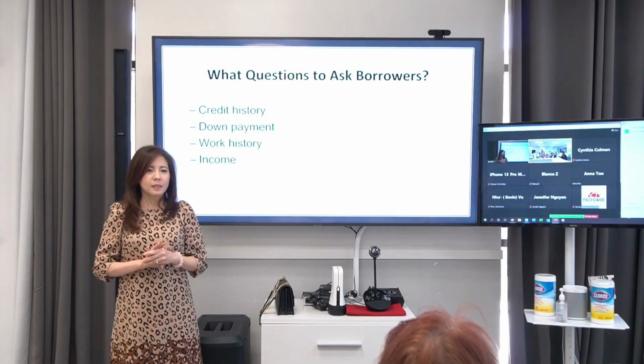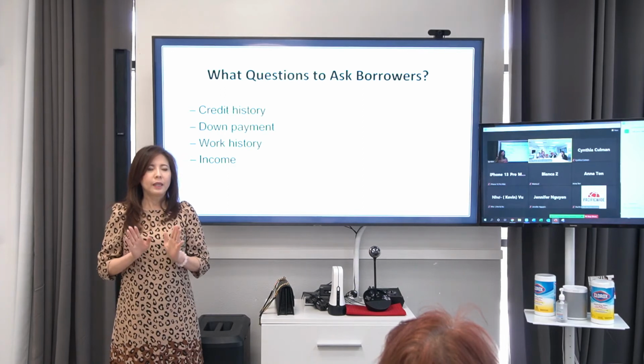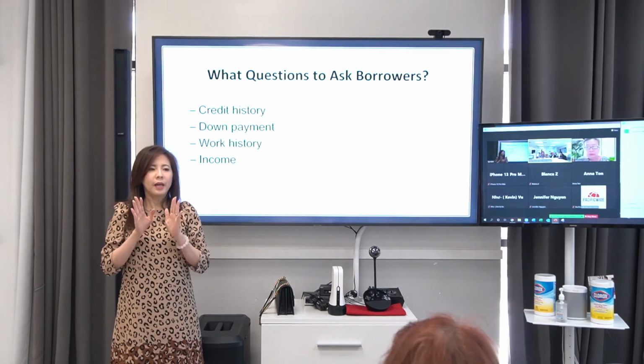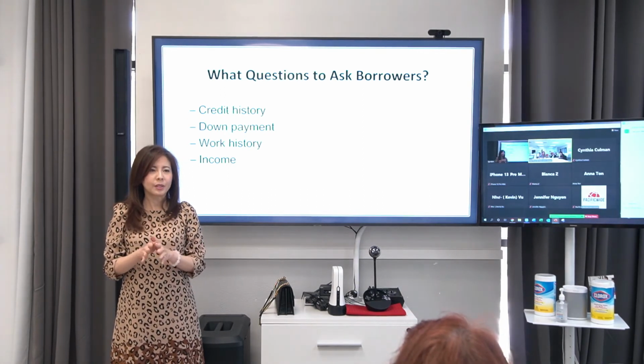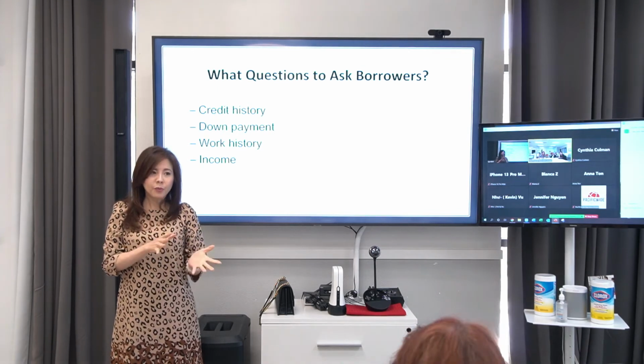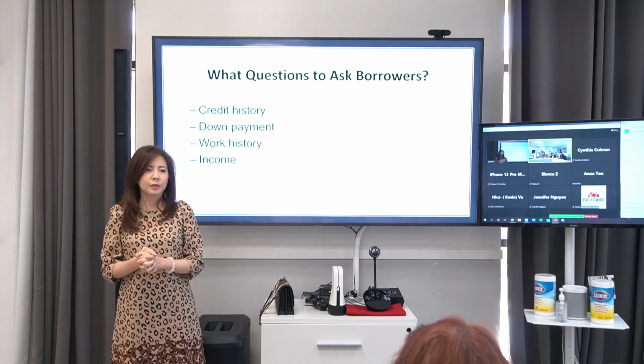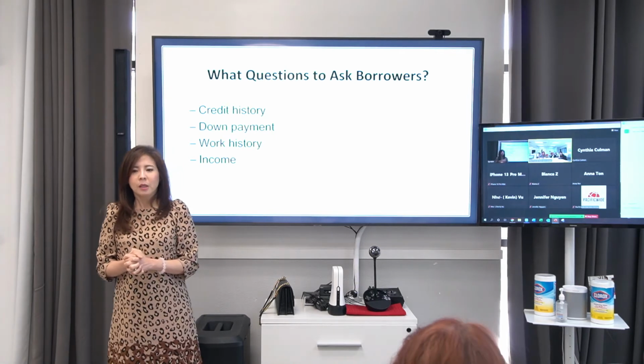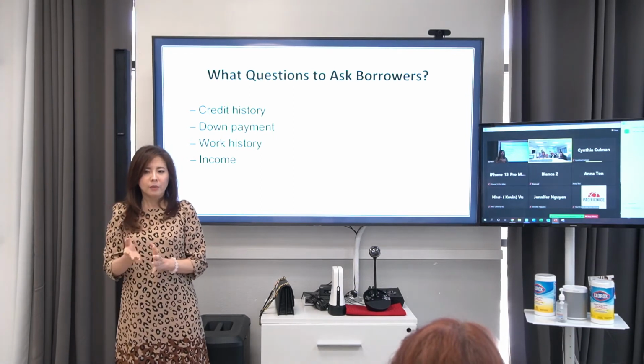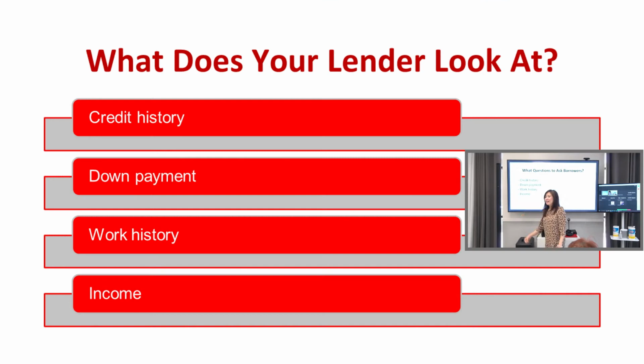There are four main areas that lenders will look at in the borrower's loan application to either approve or not approve the loan. And those are listed right there on the screen. They have to look into the credit report, right? Yeah, to find out credit history, credit score, and a lot of things.